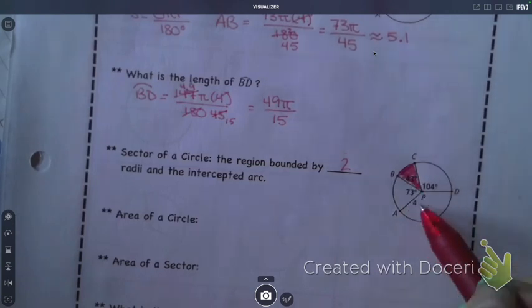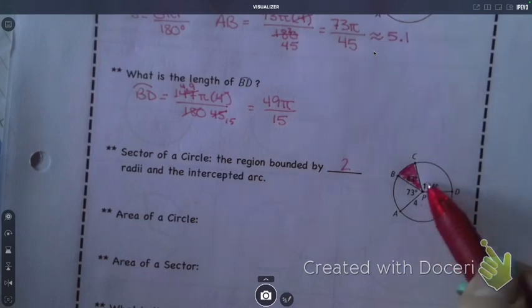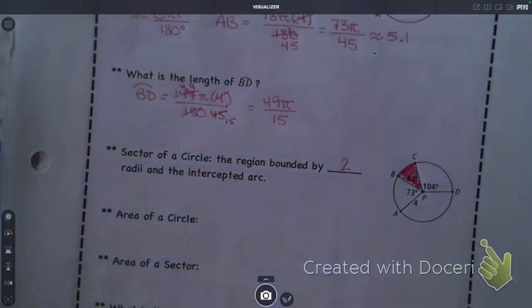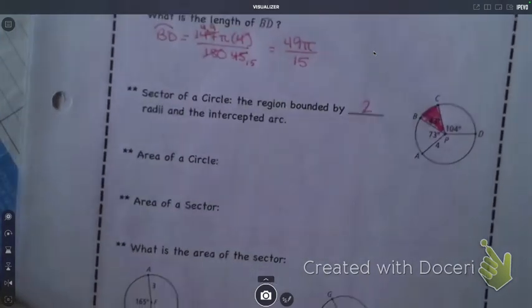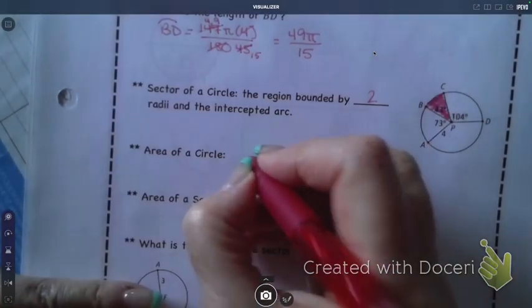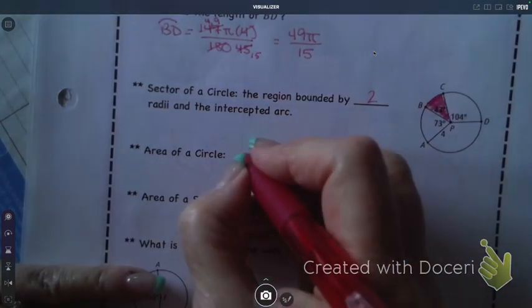And I could put these two and it'd be a 7th, 8th. So can I add them? The only thing you can't say is a sector is the whole thing, because the whole thing's a circle. Okay? So, let's see. What's the area of a circle? What's the area of a circle?